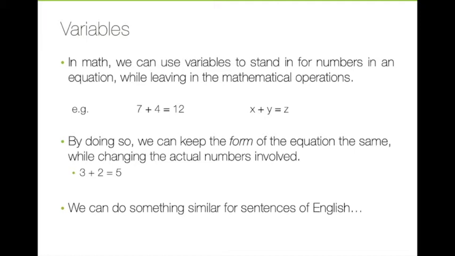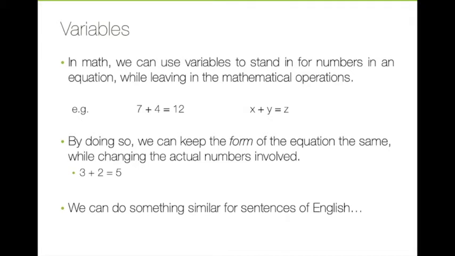With 7 plus 4 equals 12, in that equation, we can take out the numbers and replace them with letters, variables that can be replaced with other numbers. That represents the operations involved in that equation without talking about any particular numbers. So by using variables, we can keep the form of the equation the same and then change around the actual numbers involved. So you could also have 3 plus 2 equals 5.